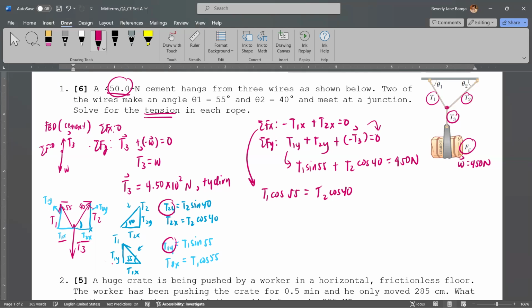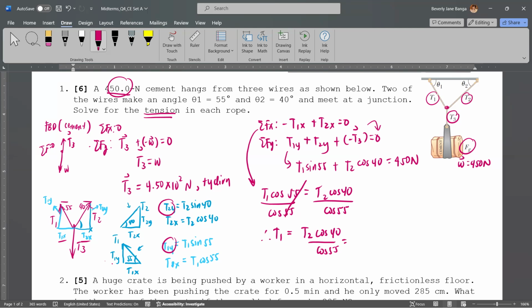Then it is therefore true that when we divide this by cos 55, you have T1 simply equal to T2 cos 40 over cos 55.